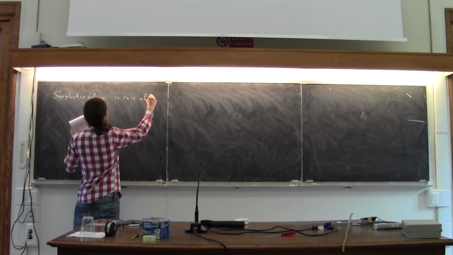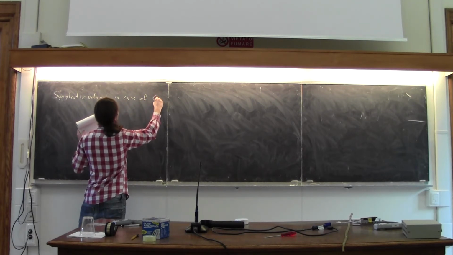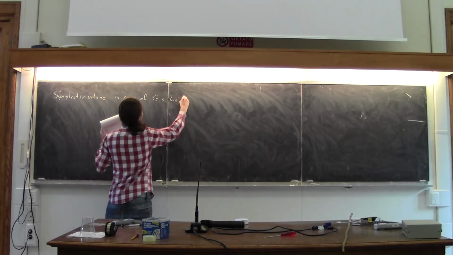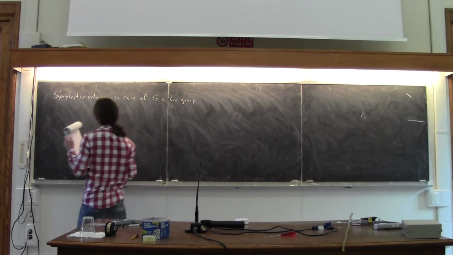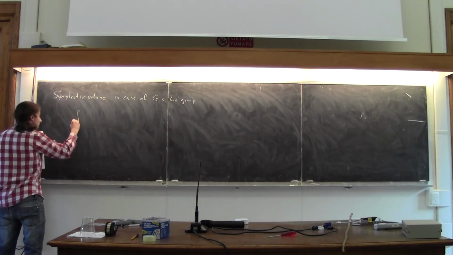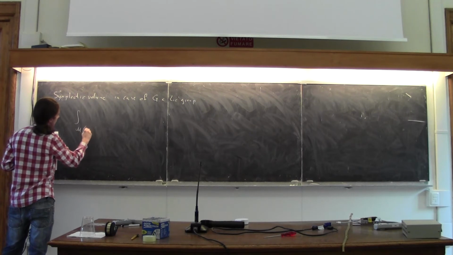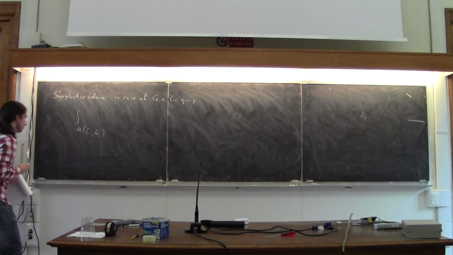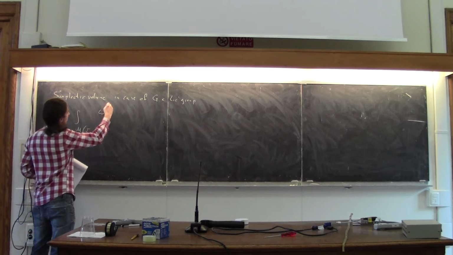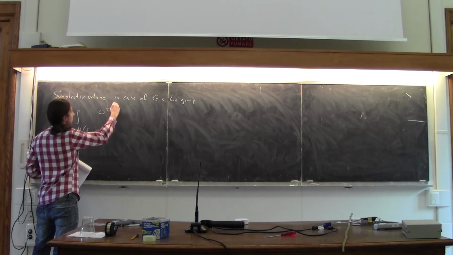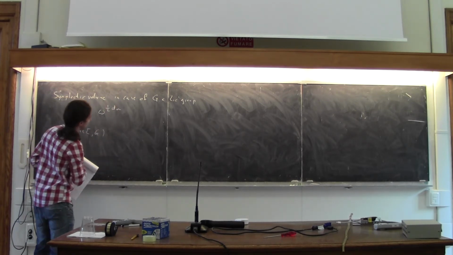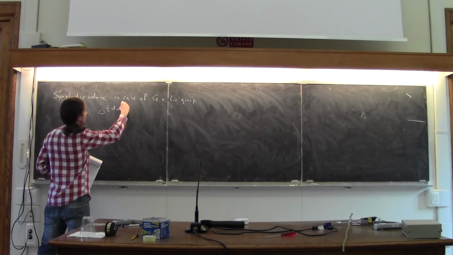So, symplectic volume, in the case of sigma a surface and G a Lie group. Here the question is, what is the integral over the moduli space of the symplectic structure to the maximum possible nontrivial power?